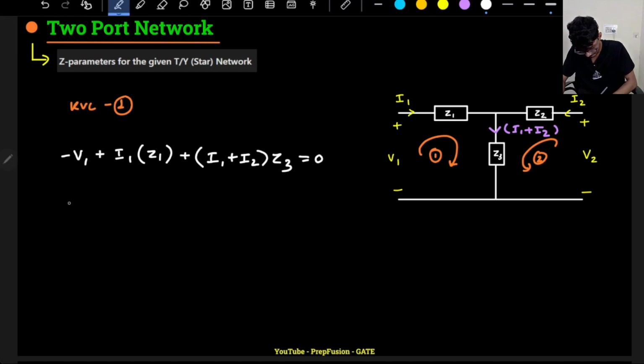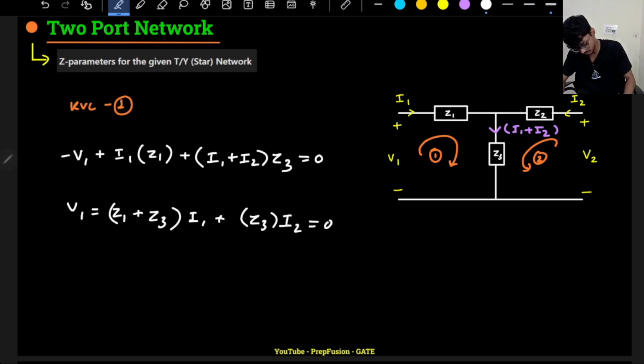So my V1 will be equal to (Z1 plus Z3) into I1 plus Z3 into I2.